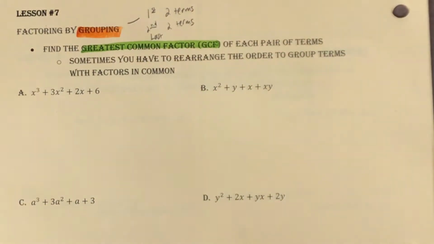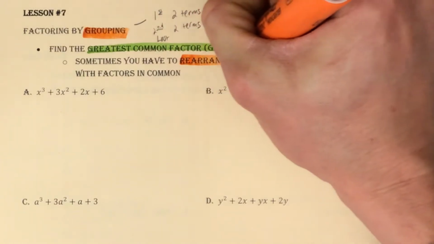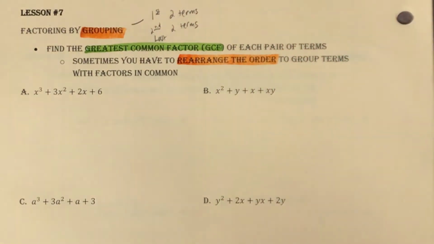Sometimes, in order to have a greatest common factor other than 1, not that you can't do it with 1, but we'd like it to be something other than 1, we might have to rearrange the order. So we do a quick check: do the first two terms have a greatest common factor other than 1? Yeah. Do the second two? Yeah. We'll leave it as it is.